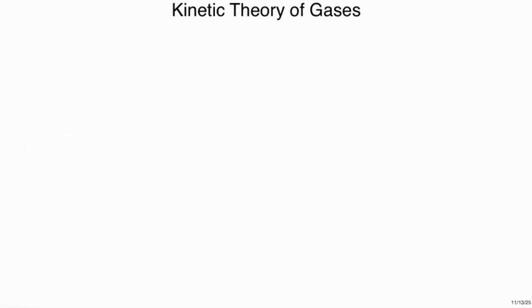One of the things that we get out of the kinetic theory is an equation for the average kinetic energy of a molecule in a gas. And you'd think that if you took statistics and you threw it at physics and they got together and produced something, it would be awful. And you're not wrong.